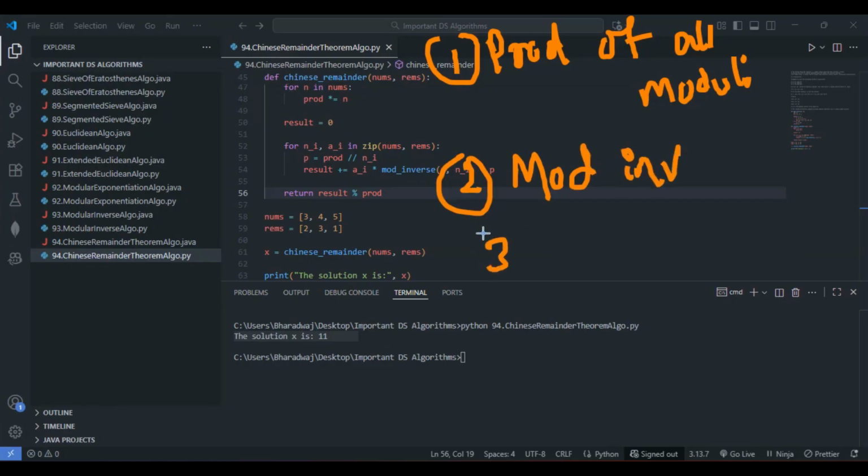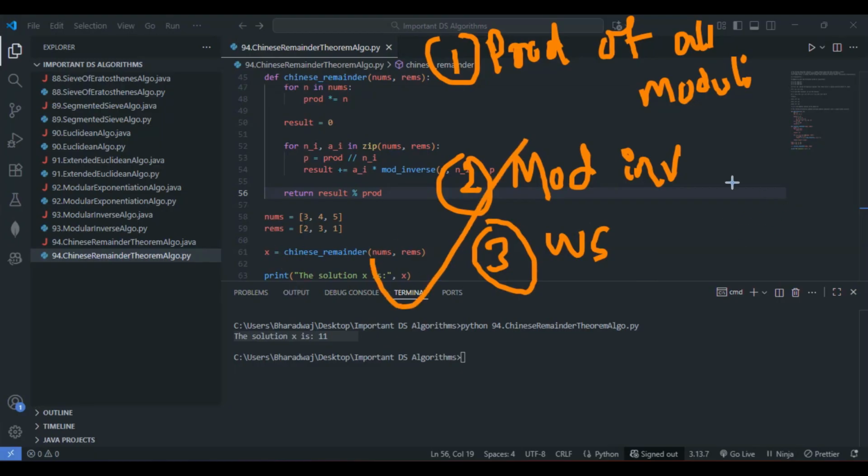So the third step was, if you remember, we have to combine the results using weighted sums and take modulo total product, right? So this is fine, I believe. So these are the algorithm steps actually.